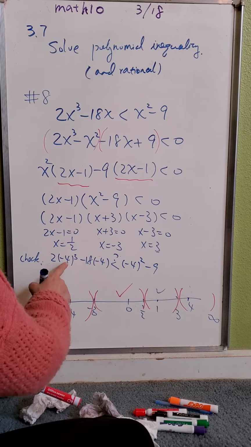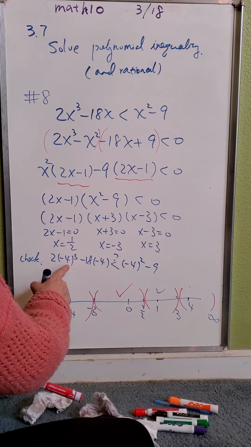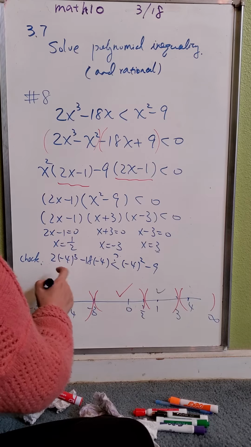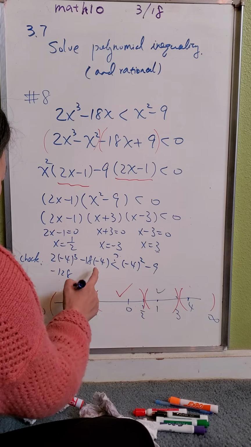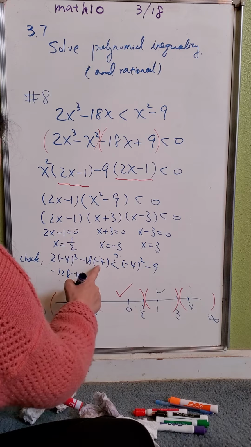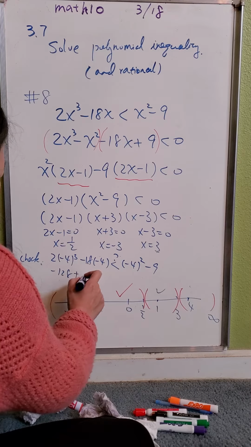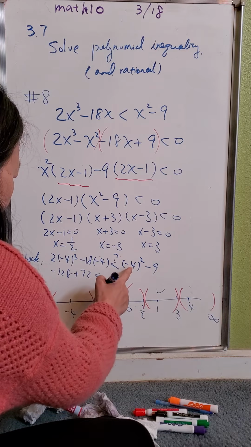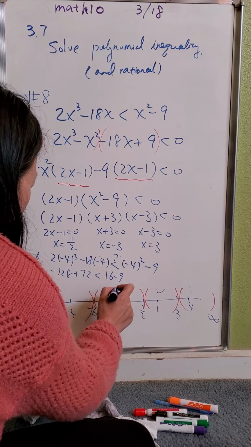Let's see. That is negative 64 times 2, so it's negative 128. This addition to negative becomes positive 72. Then less than 16 minus 9.